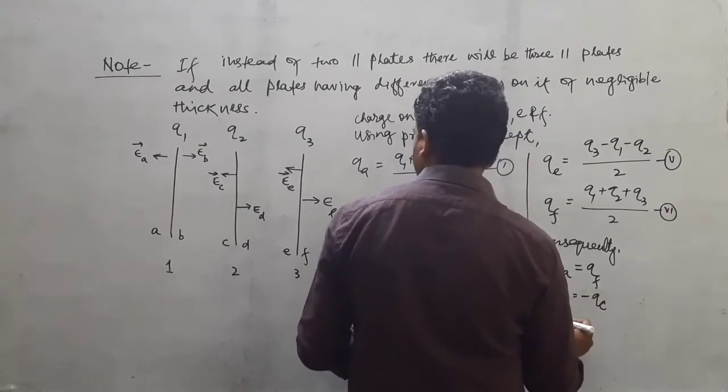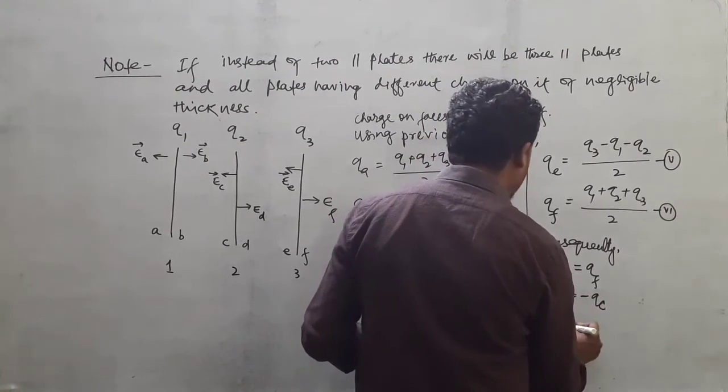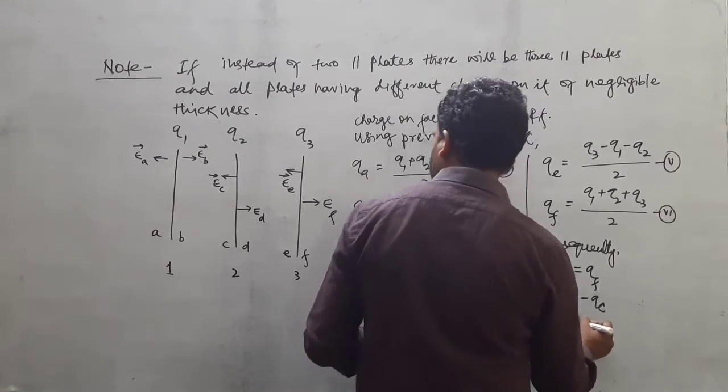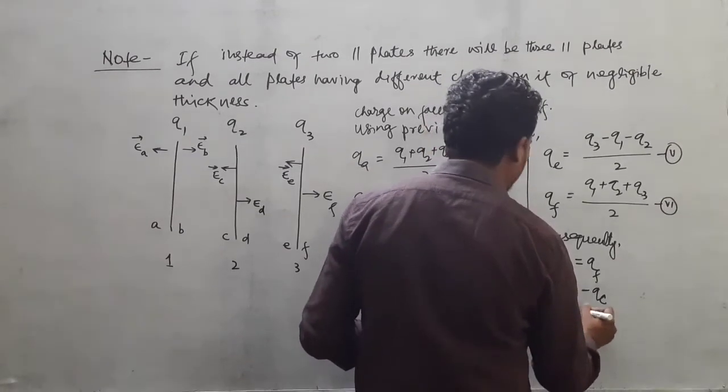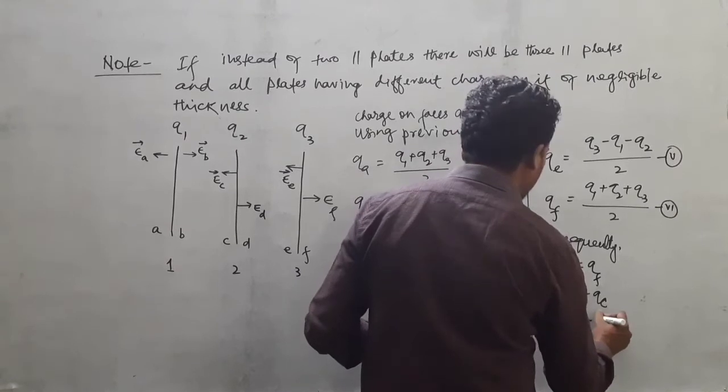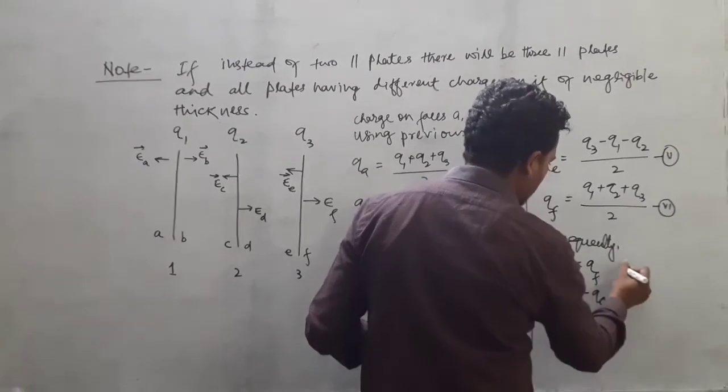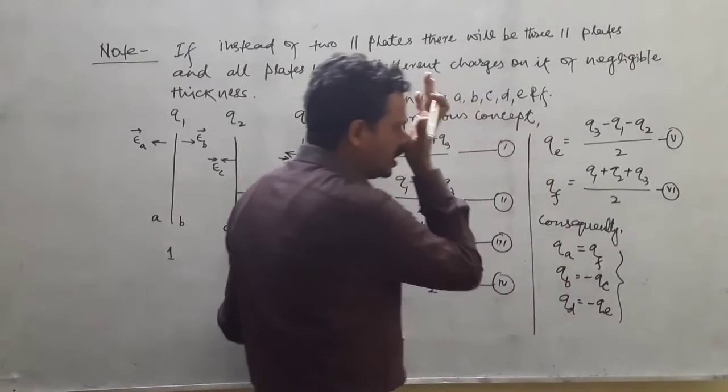Now QD is equal to negative of QE. So this is your resultant.